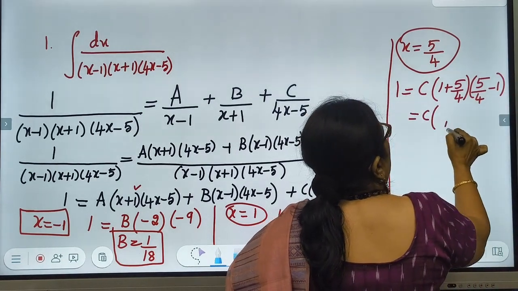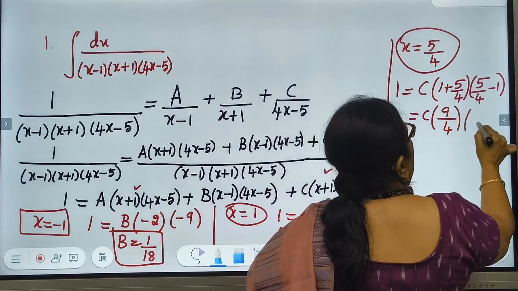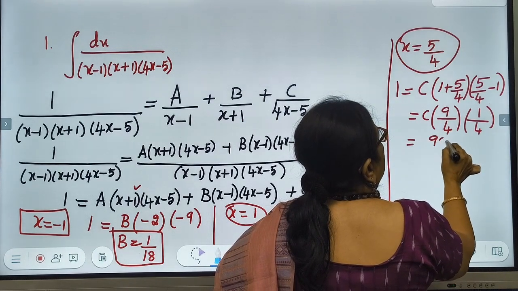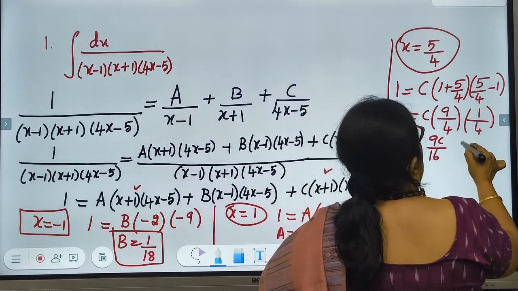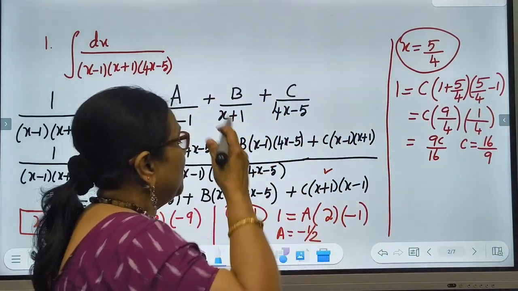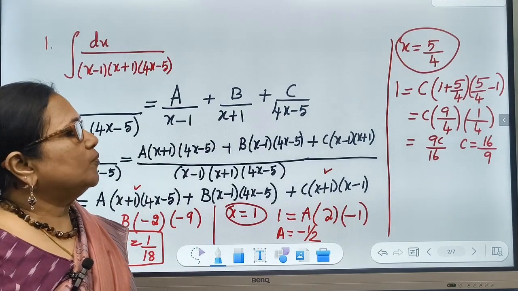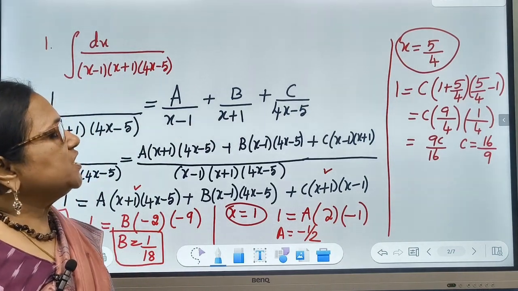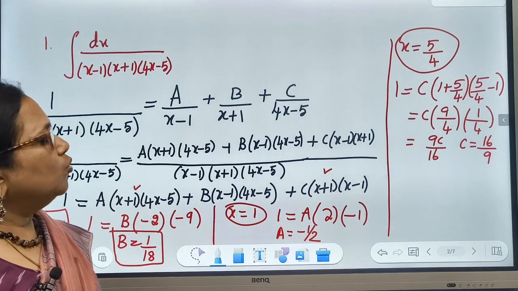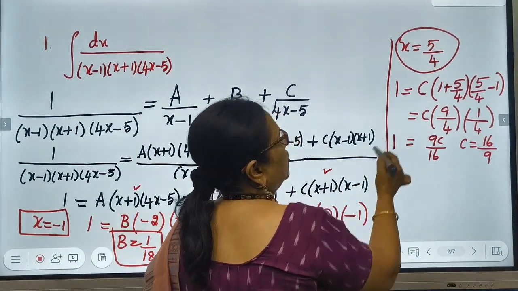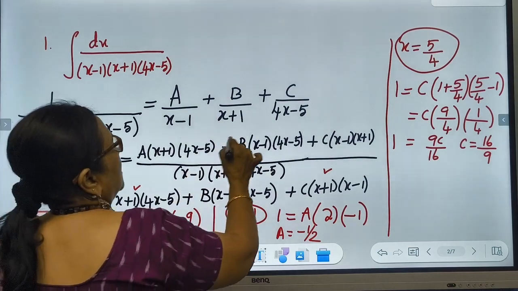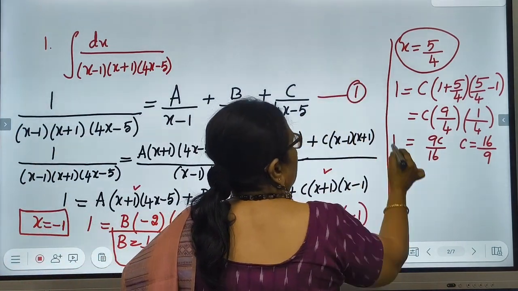So this is C into 9 by 4 into 1 by 4, which is 9C by 16 equal to 1, or C equal to 16 by 9.